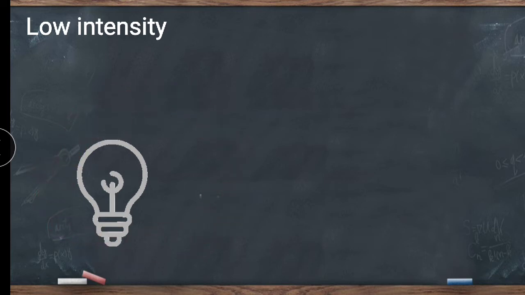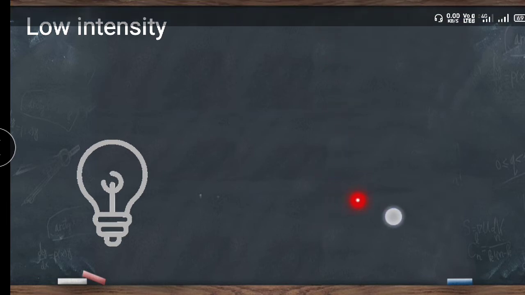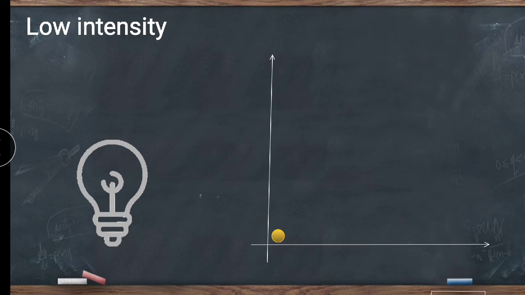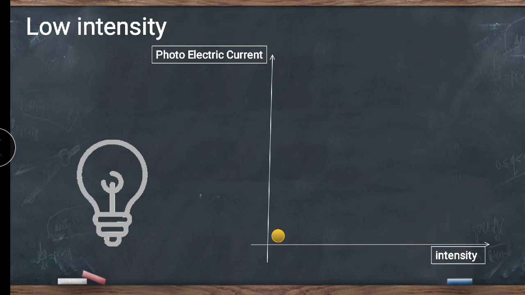Now we are going to glow this bulb for low intensity and afterward for high intensity, and whatever the effect we are going to observe, we are putting in one graph. So here we are plotting one graph, that is the graph of intensity versus photoelectric current, right?